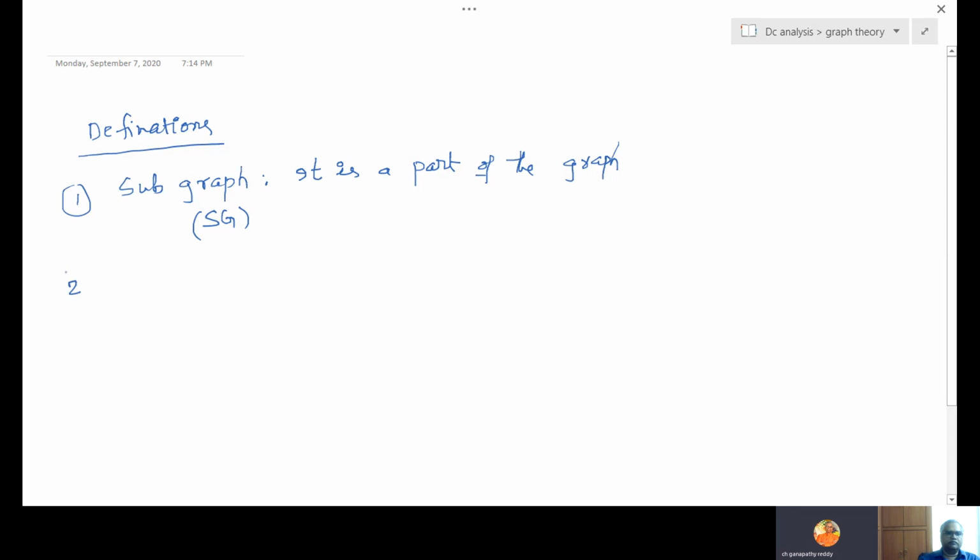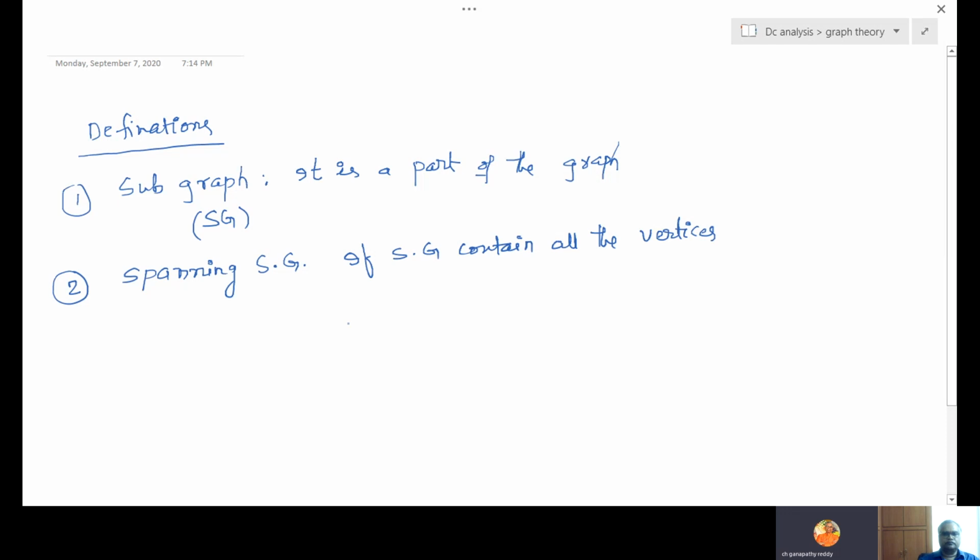Then the second one, spanning subgraph. If a subgraph contains all the vertices, then it is called a spanning subgraph.